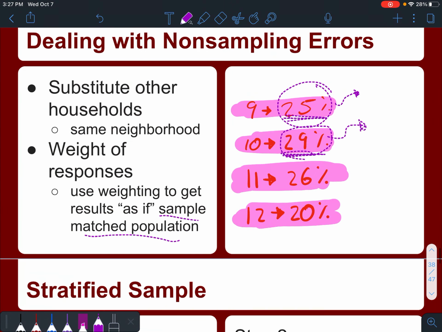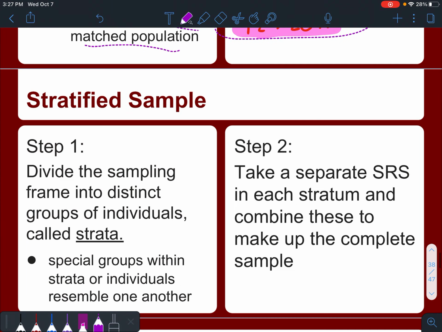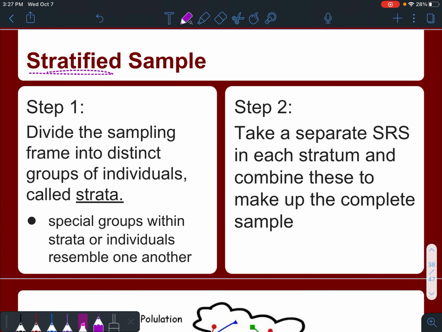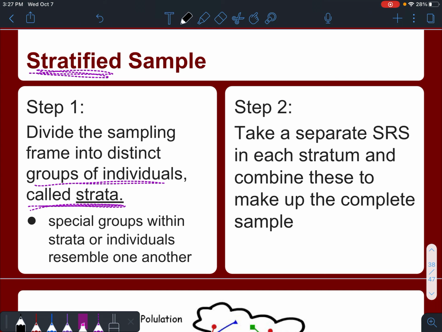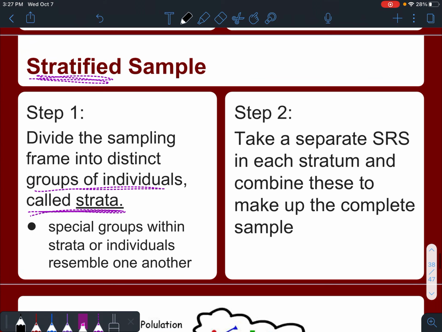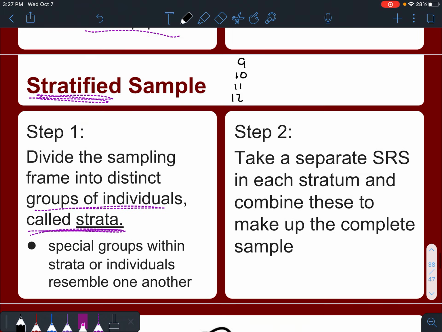Stratified sample, this is going to force the hand of this weight, as you'll see. So step one, what a stratified sample is: you divide the sampling frame into distinct groups of individuals called strata. These are special groups within which individuals resemble one another. So if we were to look at the high school, an easy strata that we could have is 9th grade, 10th grade, 11th grade, and 12th grade.